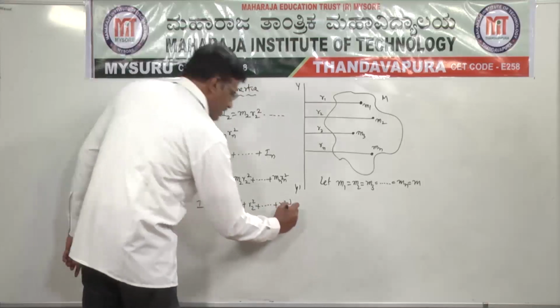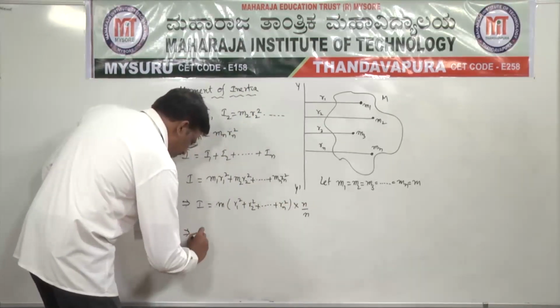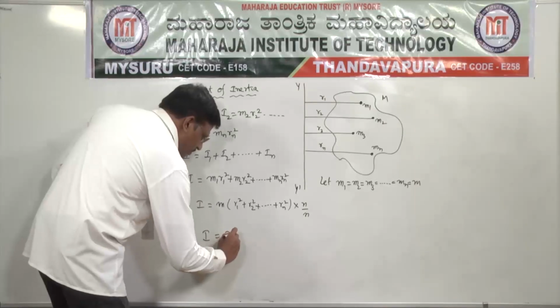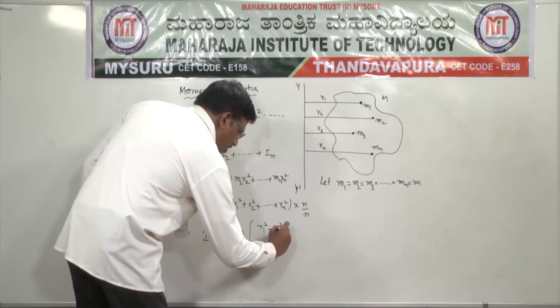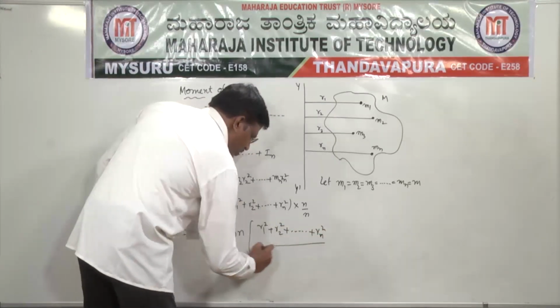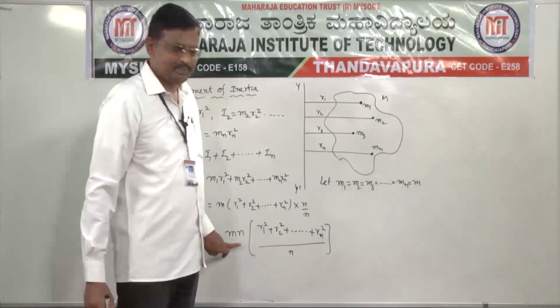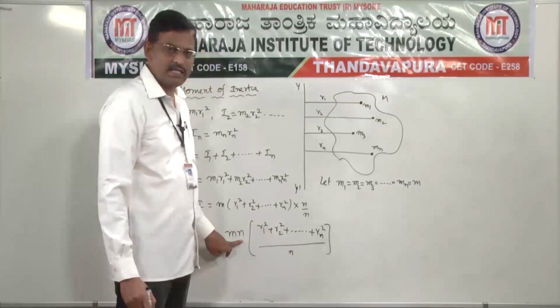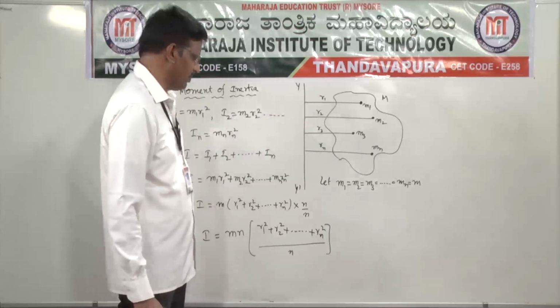If we multiply this equation by n by n, that implies I is equal to m into n into r1 square plus r2 square and so on plus rn square, whole divided by n. Each particle mass is m and total n particles are there in the rigid body, so m into n gives the total mass capital M.